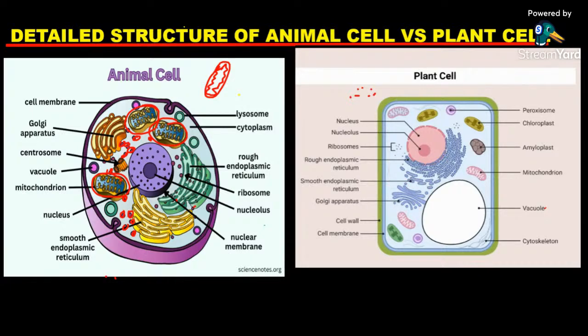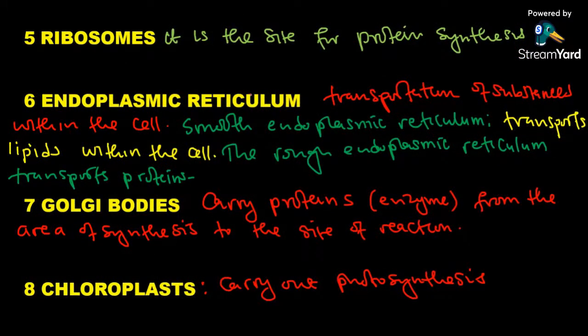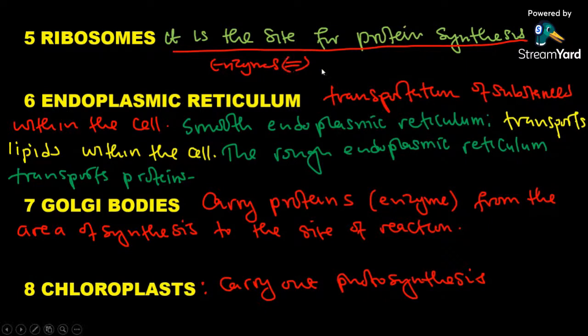What are the functions of ribosomes? In terms of function, it is the site for protein synthesis. That is where proteins are synthesized. Now, what kind of protein? You can find proteins like enzymes and other types of proteins. That is where they are synthesized. So that is where proteins are made in the ribosomes. So take note of this function.